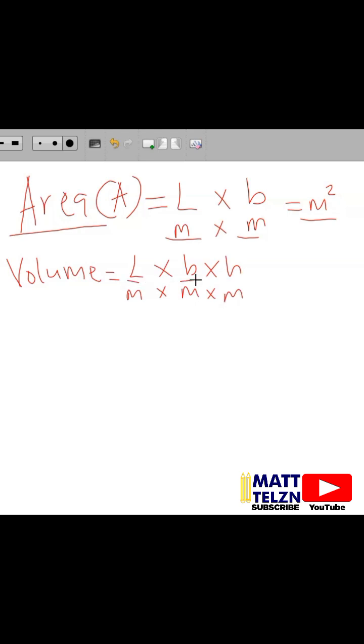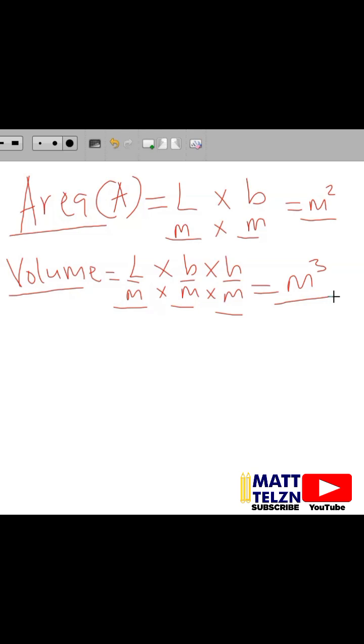Length, breadth and height are talking about the same thing; the general name is length. So if I multiply meter times meter times meter, what am I going to have? Meter cube. So the derived unit of volume is meter cube. You see the simple combination here is multiplication.